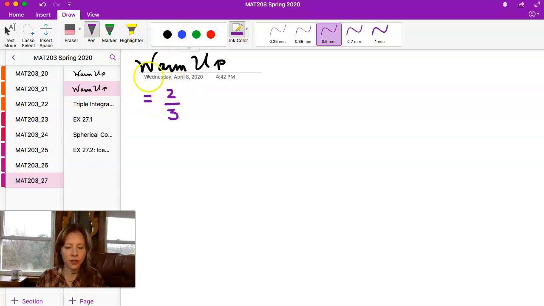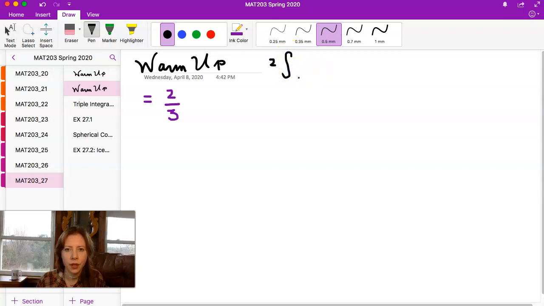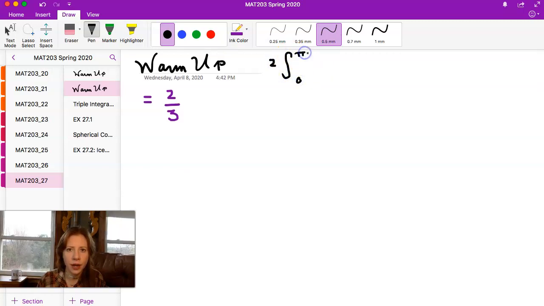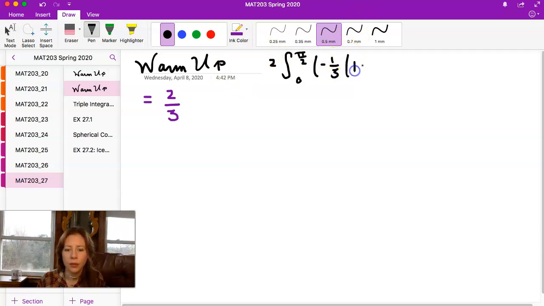Let me just write where we left off up top so it's a little easier for us to work with. Our last step we had 2, and we went from 0 to pi over 2, and we had minus 1/3 times 1 minus r squared to the 3/2, and we're evaluating from 0 to sine theta d theta.